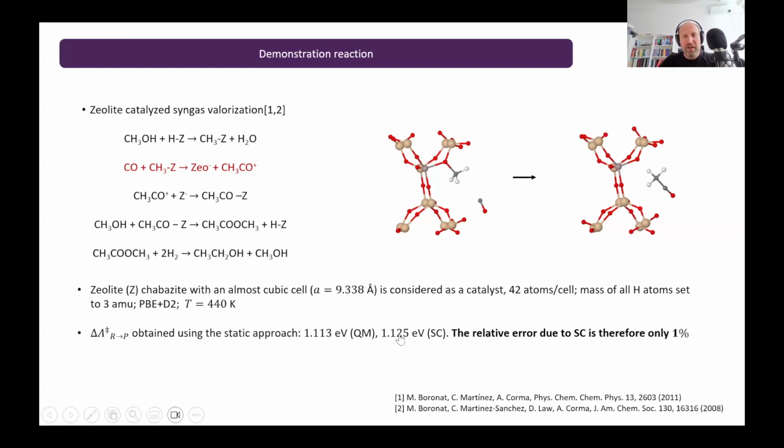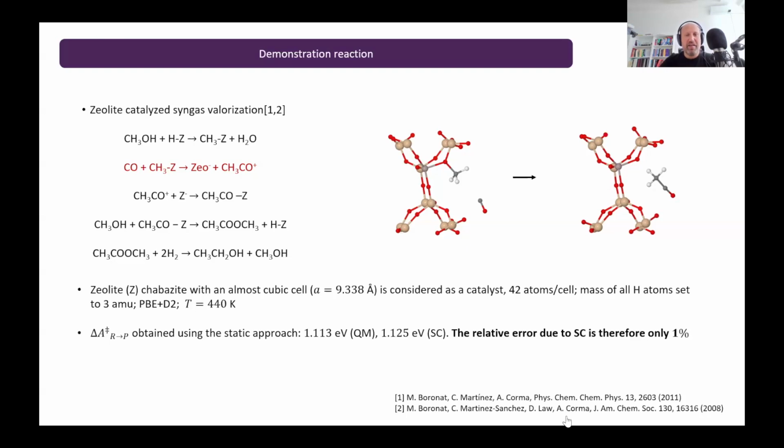It was only 12 meV. So in terms of relative error, it is an error of 1% only. This can be neglected because the statistical error we make even in very well converged molecular dynamics is at least of this order, but usually a little bit higher. So this systematic error is basically comparable to other sources of error which we have in molecular dynamics. So this can be well neglected.